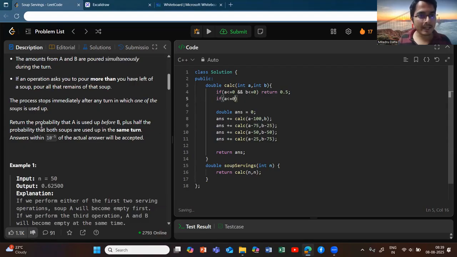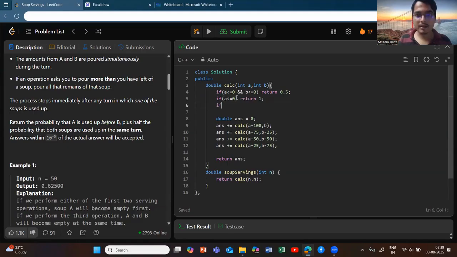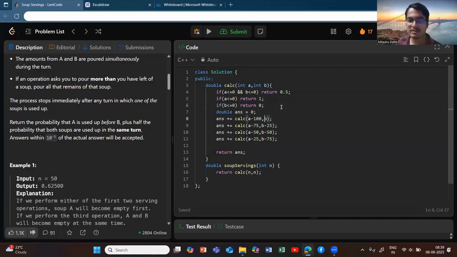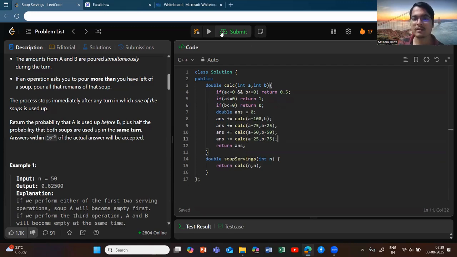The probability that A is used up before B, so you want to return 1. And if B is emptying first, you return 0, because your question is the probability that A is used up before B plus half the probability that both soups are used at the same time. So the time when B is used before, you don't need to calculate that anyway. You just return 0 in that case, and that's all.